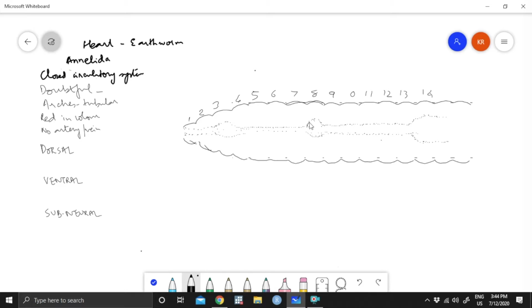So here, for instance, this is the 8th segment where the gizzard is supposed to be located. From here onwards, this part is supposed to be the stomach. And from the 14th segment onward, this is supposed to be the intestine. This is the pharynx in segment number 3, and this is called the esophagus.